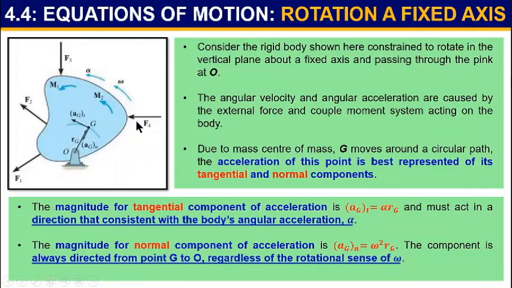Since the mass center G moves around a circular path, the acceleration of this point is best represented by its tangential and normal components.